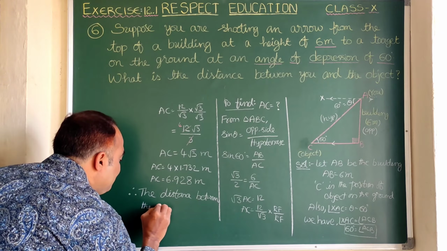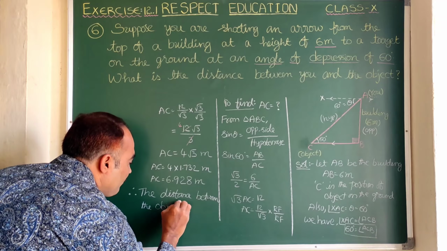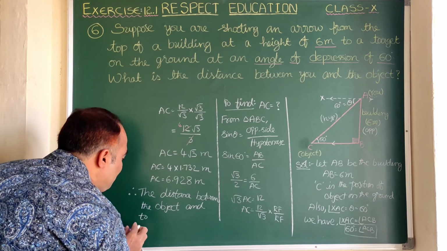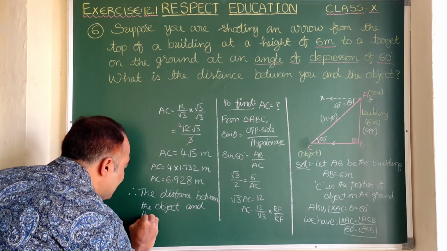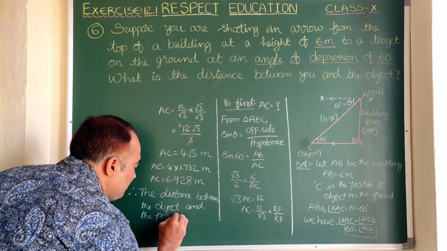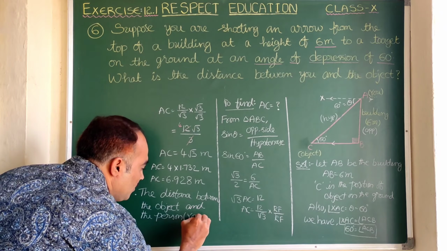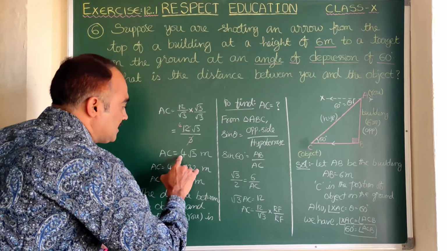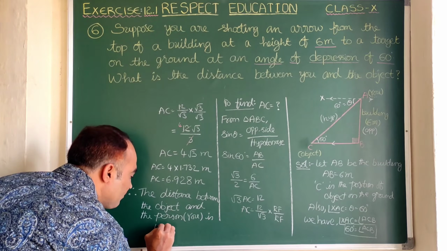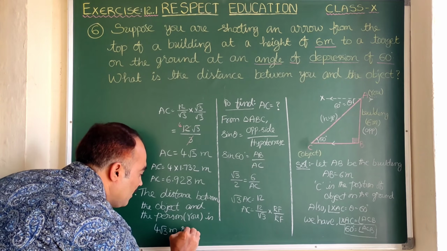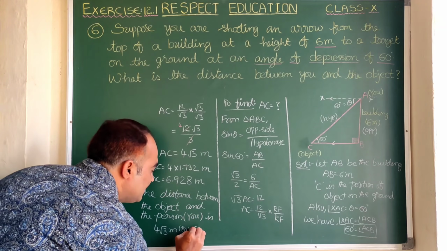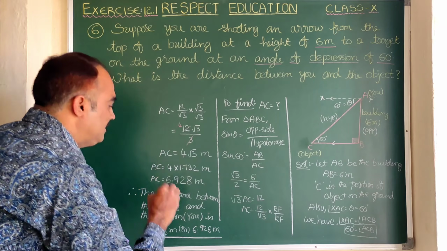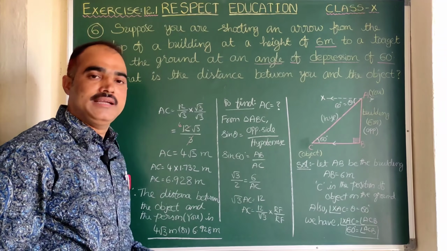You can write both the answers, either 4 root 3 meters or on simplification we got 6.928 meters. With this problem number 6 gets completed.